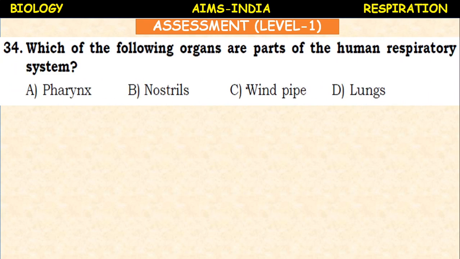Which of the following organs are the parts of human respiratory system? This is also multi-correct. So nostrils, windpipe, lungs. Pharynx is also, it is a common junction for respiration and digestion. So here the parts of the human respiratory system are asked.